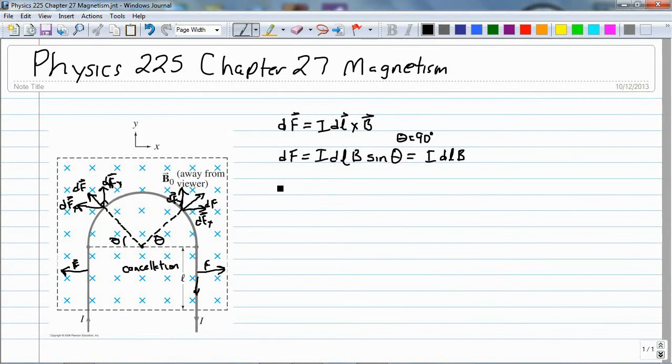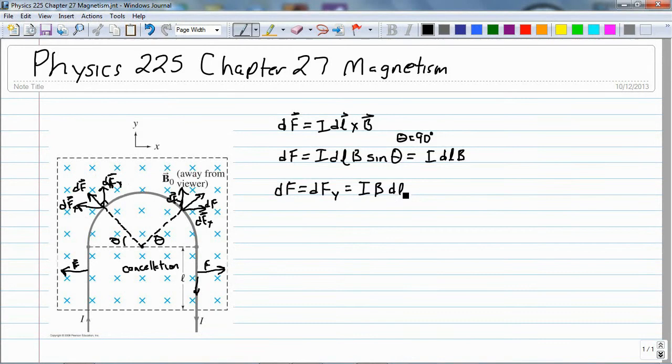Now my total force is going to equal the force in the y direction, and that's just going to be equal to current times magnetic field times differential length.